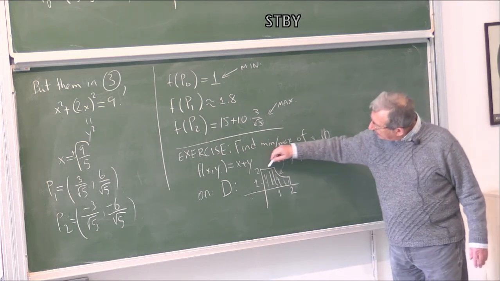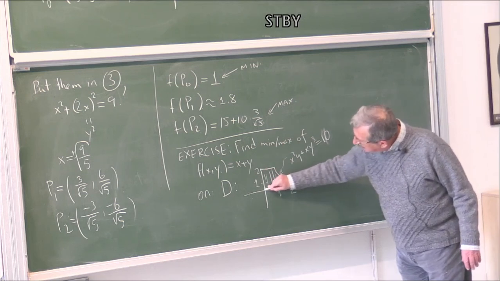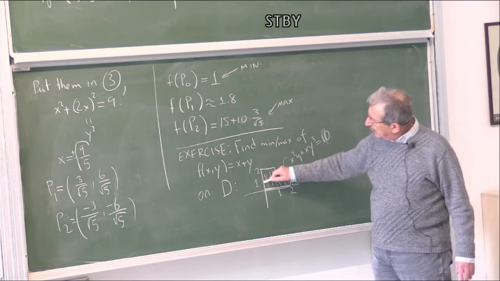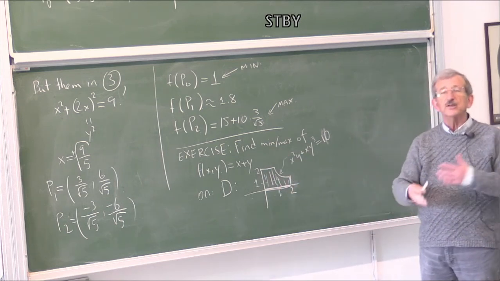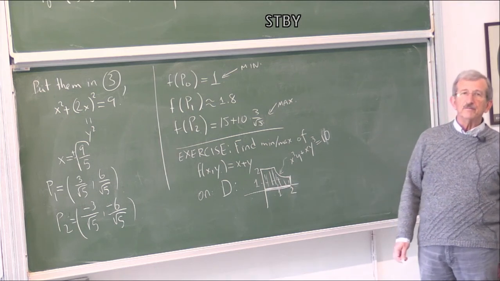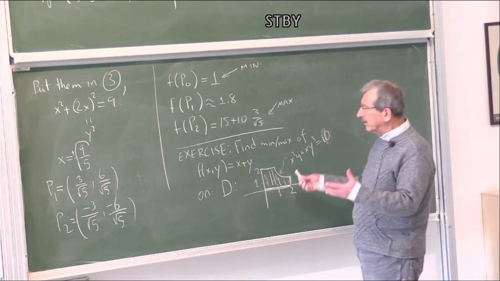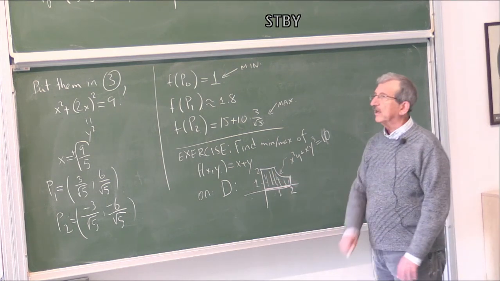Of course, on these 3 pieces, or rather 4 pieces here, the calculation is easy because on each of them one variable is constant. You just consider the endpoints and the derivative. The derivatives are non-zero, and so you don't have any critical points. Just check the points on the corners.